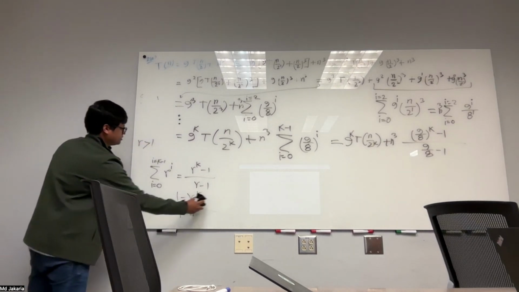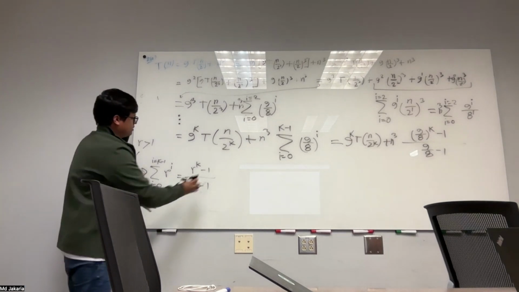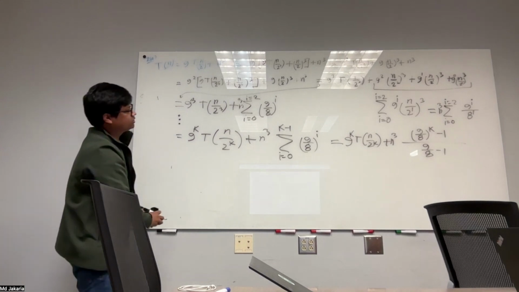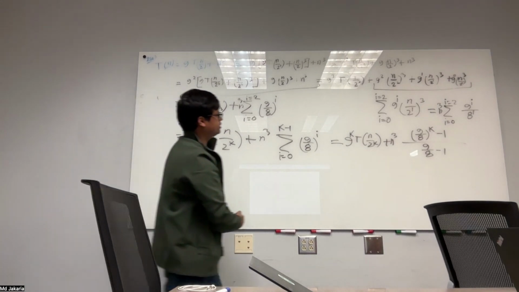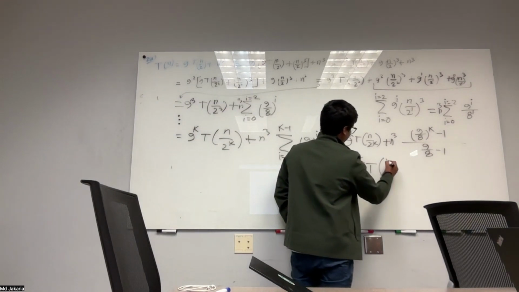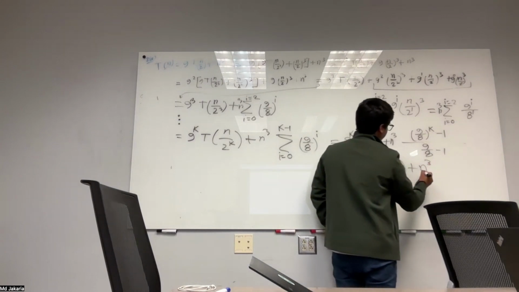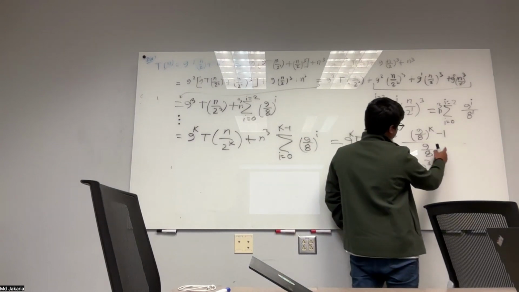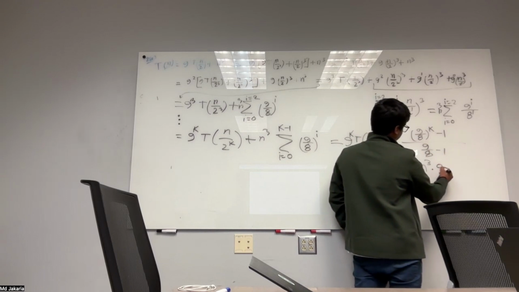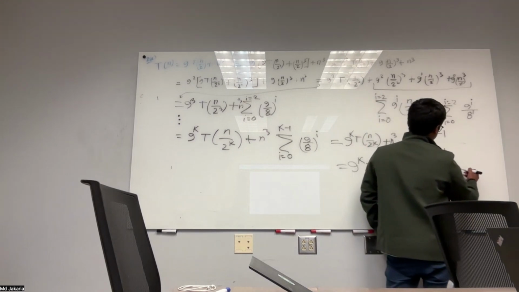Okay, so we are using this formula. What we have till now will be n over 2 raised to k and n cube, and this will be like 1 by 8. So if we bring it to the front, it will be something like this.